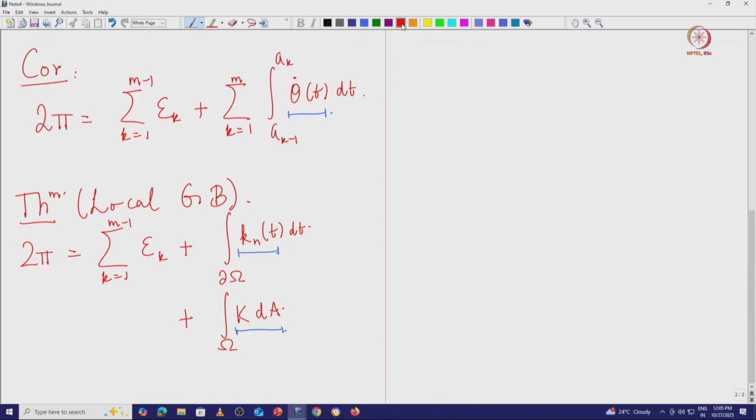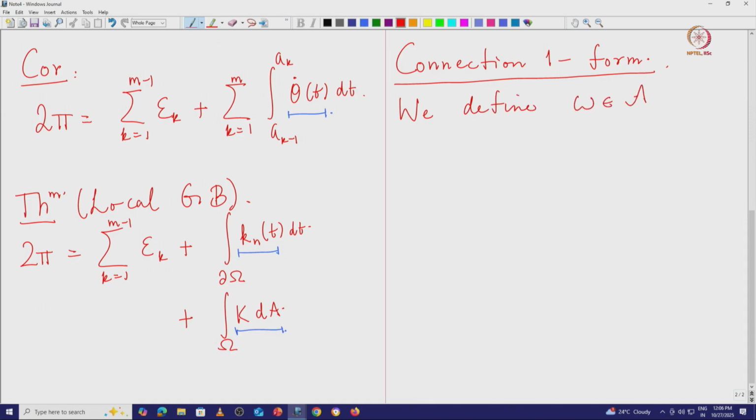So the key point is to introduce this connection 1 form. Let me explain what this connection 1 form is. We define omega as a local 1 form on this coordinate neighborhood by the following formula. Omega of x is simply the inner product of E1 with the covariant derivative of E2 with respect to x.